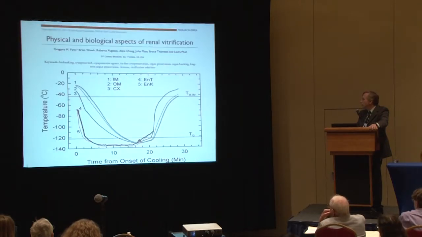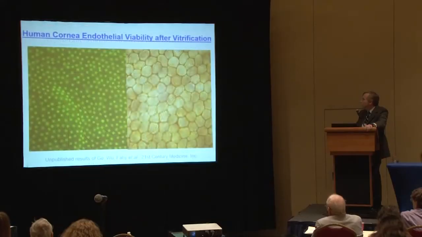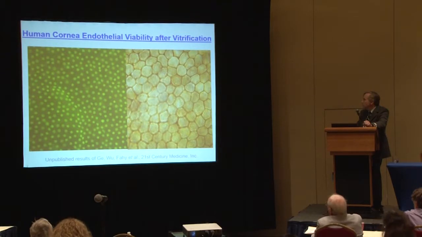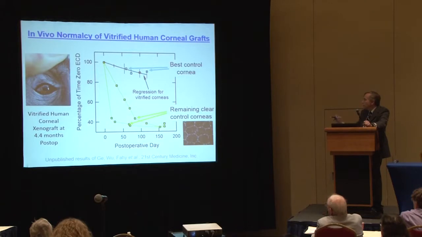We've shown in one case that we were able to recover a rabbit kidney after complete vitrification at a temperature of minus 130 degrees and still obtain long-term life support of an animal with that kidney as the animal's only kidney. Dr. Fahy and his surgeons have also used M22 to achieve essentially perfect vitrification and viability preservation of human corneas and long-term transparency of the corneas in 2 different xenotransplant models after vitrification.